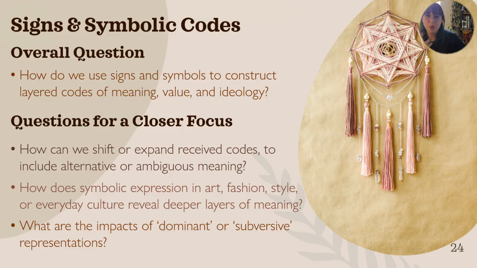And so the way you can connect with this is thinking about your topic that you've chosen and seeing if there's anything about signs or symbolism or expression like this that makes an impact on your topic. And if there is, you can use this lens to dive deep into analysis and asking questions.